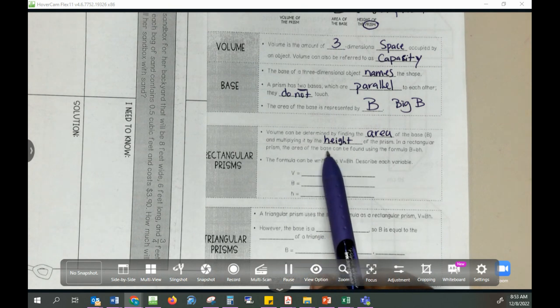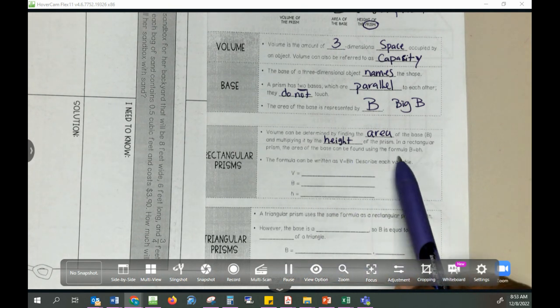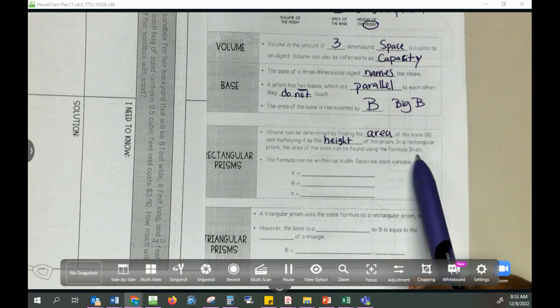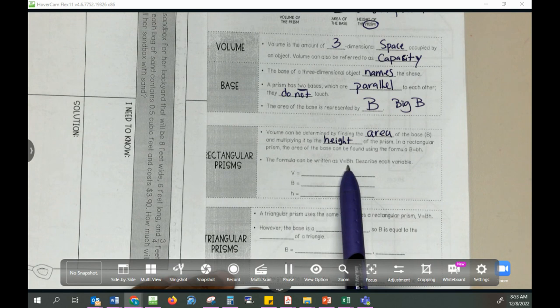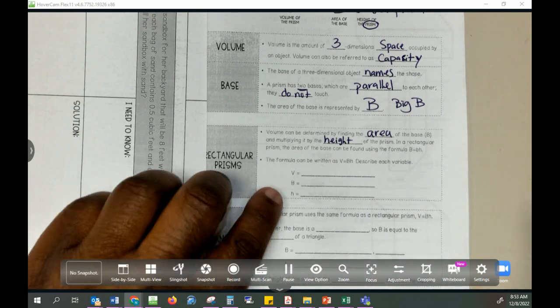The area of the base can be found by using the formula big B is equal to base times height. The formula can be written as V equals big B H. Describe each variable.